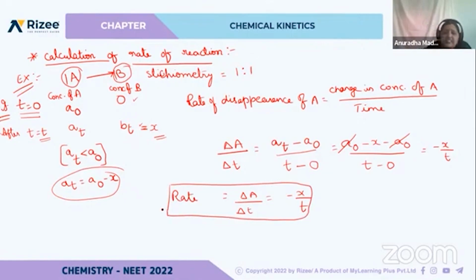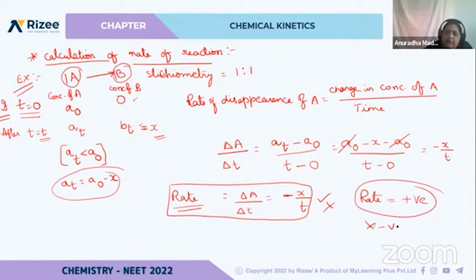Now, is it correct? No, this is not correct. Why? Because rate will not be a negative quantity. Rate should always be positive, not negative.